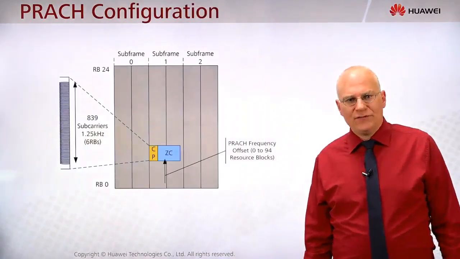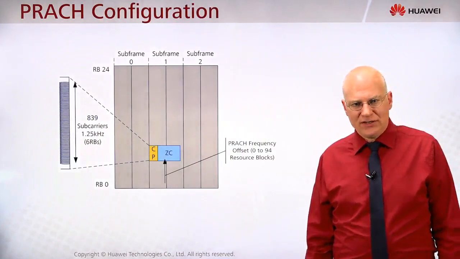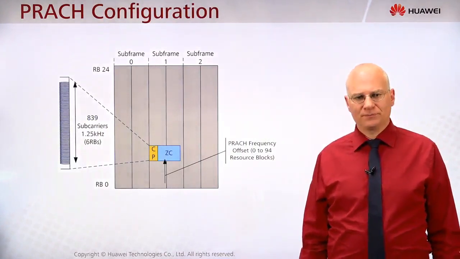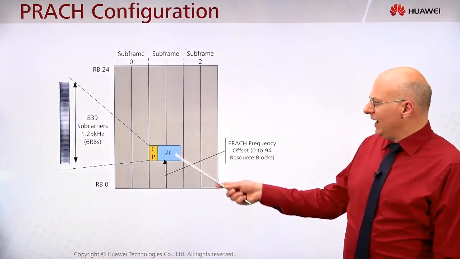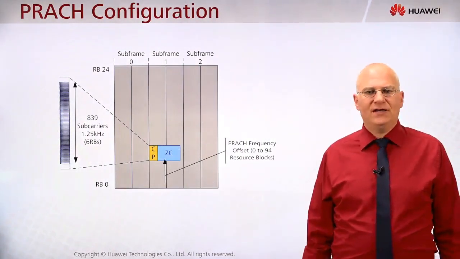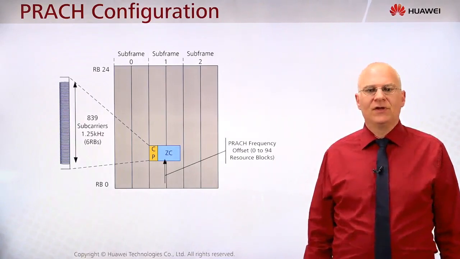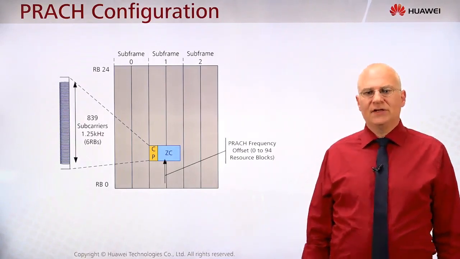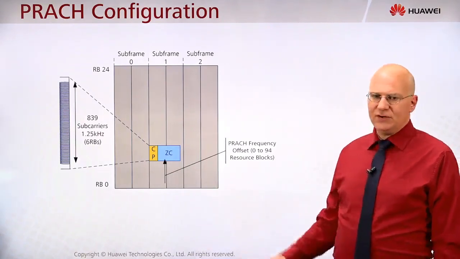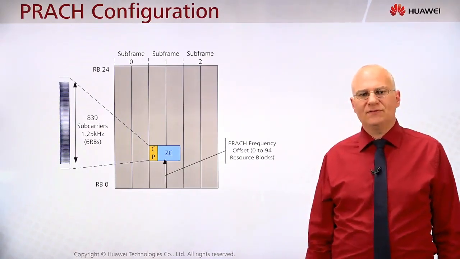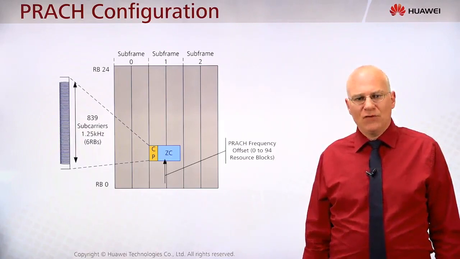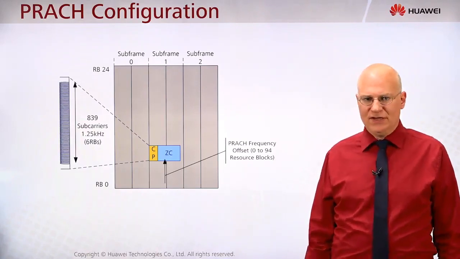The location of the physical random access channel in the resource grid, in the frequency domain, is defined by a frequency offset. The offset is typically not 0, starting from the lowest frequency, because in this case it would overlap with control signaling.